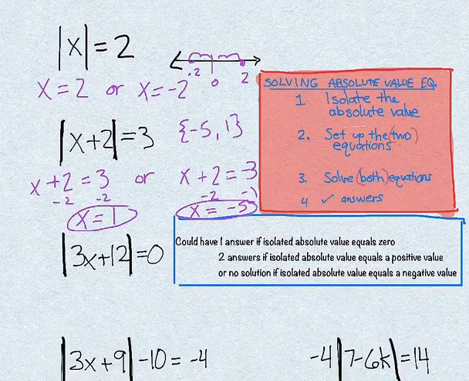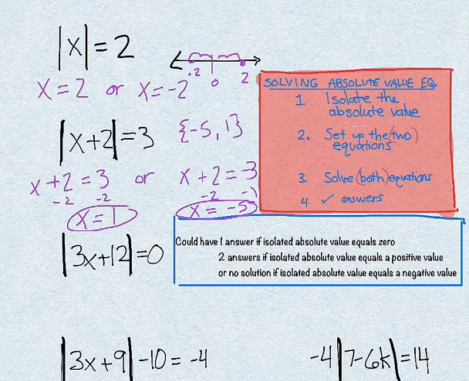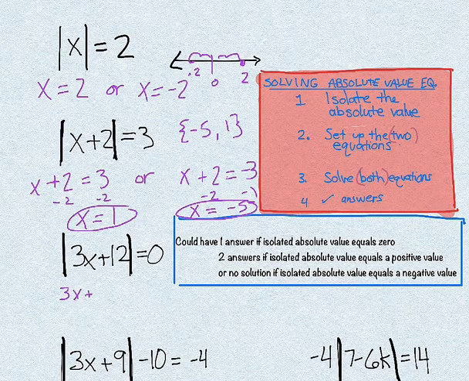On this we have a little bit more to do. In the blue box, I'm talking about how many answers we could have. We could have one answer if it equals 0, because that's the only option. There is no opposite or -0, it's just 0. Most commonly, we have 2 answers, but it's possible to have no solution. On this one, we only have it equal to 0. There is no opposite direction to go from 0.